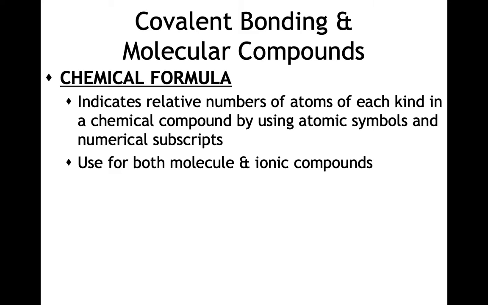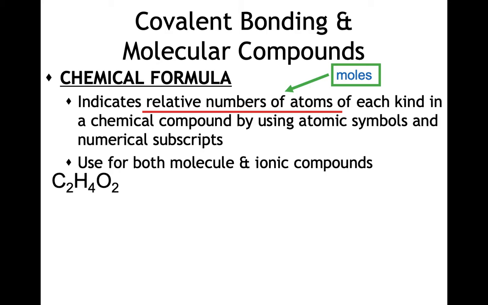When we look at chemical formulas, no matter whether it's an ionic compound or one that's covalently bonded, when you look at the subscripts, it determines the relative number of atoms within that compound. What that means is how many moles of each atom within the compound. So let's say you have 1 mole of C2H4O2.